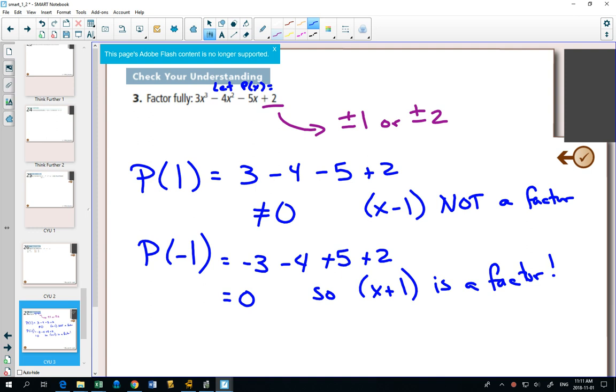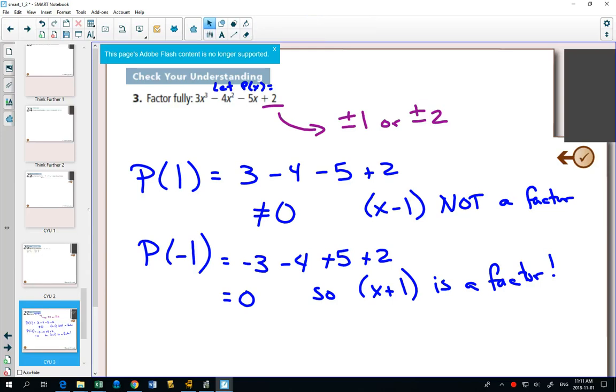And although you could keep trying with 2 and minus 2 to see if you find another one, your goal is just to find your first factor. Once we find one factor, we're going to use synthetic division and write the division statement. So now that I found out that x plus 1 is a factor, okay?